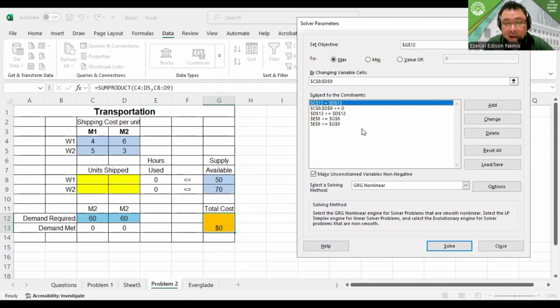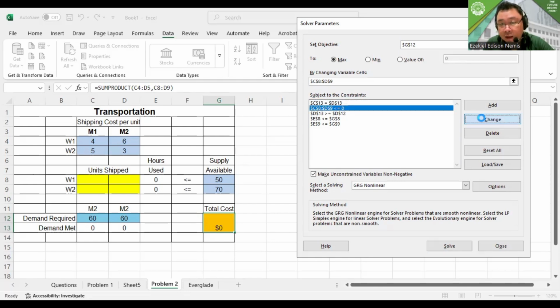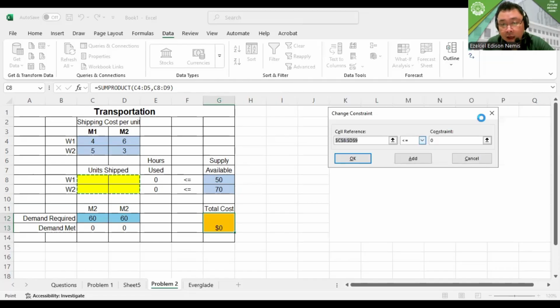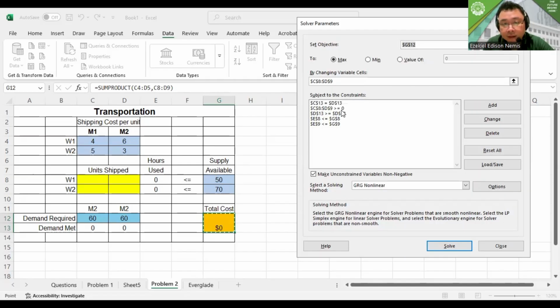So we have here the constraints: C13, D13, D8, D9, D13 and D12. No, this one is incorrect. Let me change this one to a minimum and click add. So that's changed.